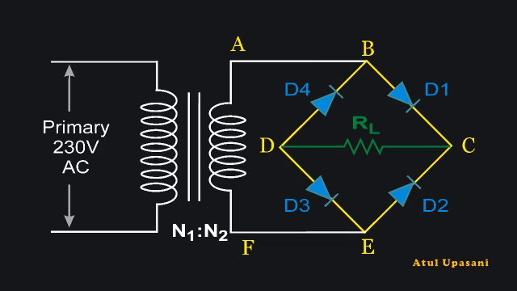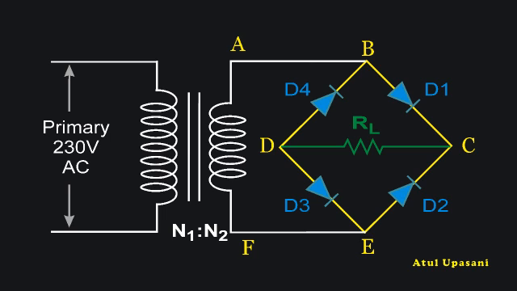In the Wheatstone bridge, the resistors are replaced here with diodes, and where the galvanometer is connected, there we take the output. So in the diagram, the load resistance is connected where the galvanometer is connected in the Wheatstone bridge. The secondary output from the transformer is connected between point B and E.